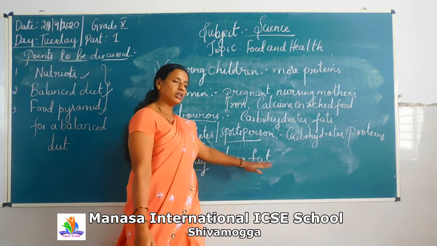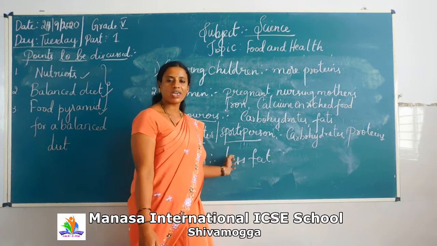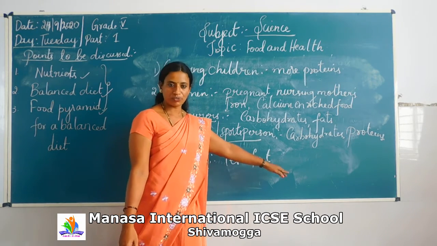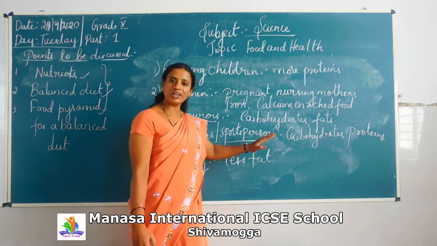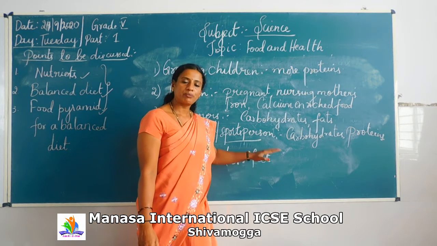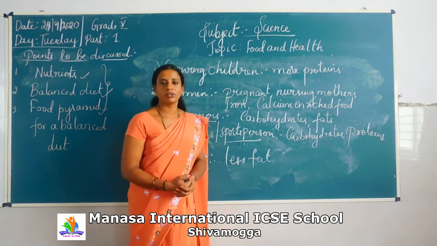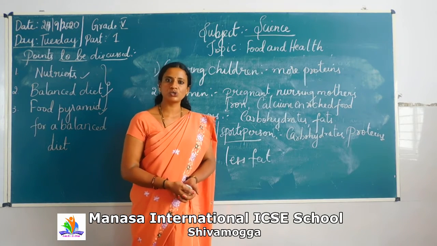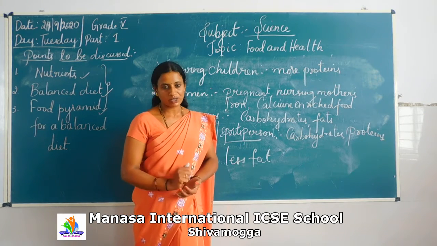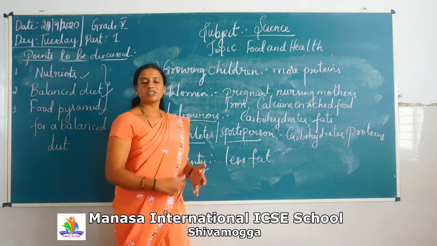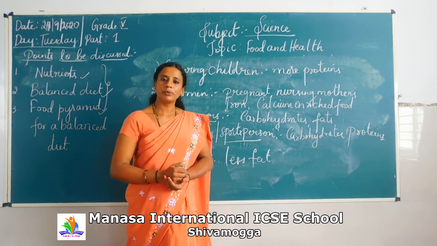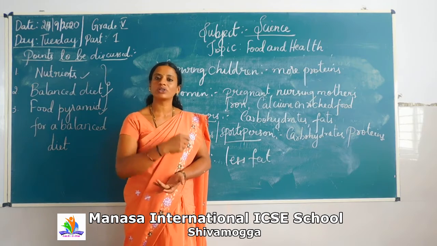If they go on consuming more fat, again the obesity will increase. So people suffering from obesity should have very low calorie food, and preferably if they go with vegetables, fruits, sprouts, that is more than sufficient, right? Obesity is a case where the person puts on weight more than his age.